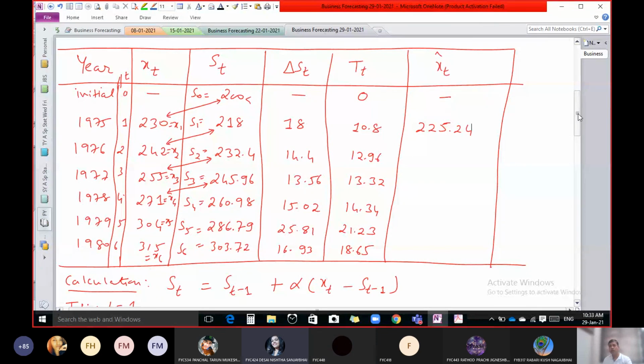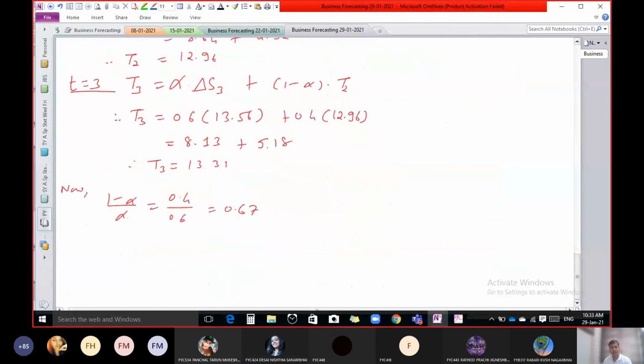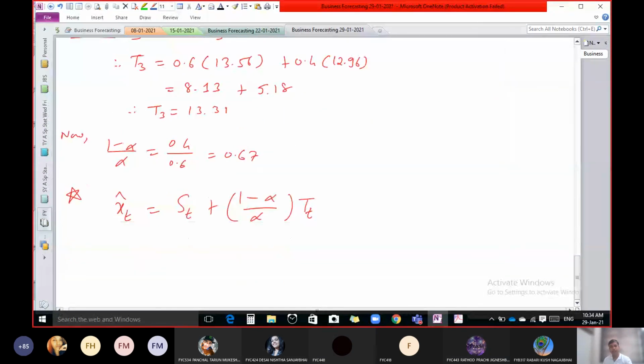So now tell me the formula of X_t cap. You have to multiply (1 minus alpha) upon alpha by T_t, and in that you have to add the smoothing value at time t, S_t. Yes, correct.